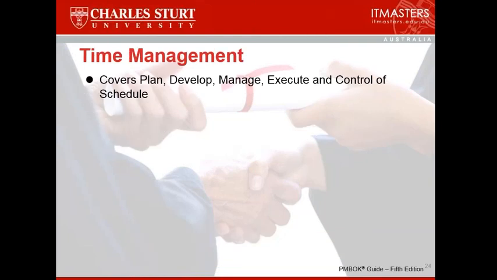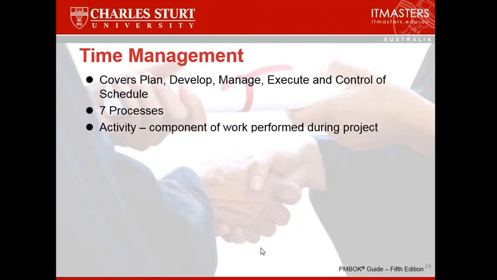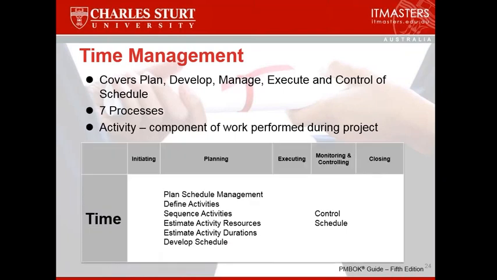Time management covers plan, development, manage, execute, and control of the schedule. There are 7 processes, and an activity is a component of work performed during the project. Under planning, we've got 6 of them and only 1 under monitoring and controlling.